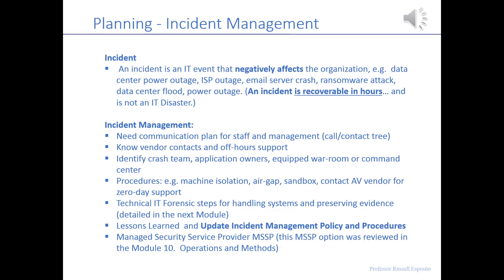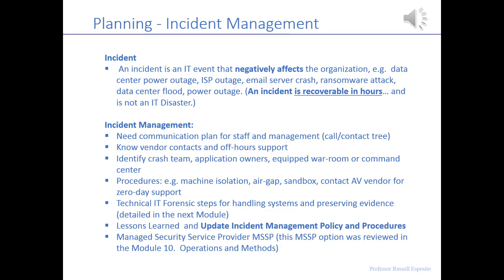So an IT incident needs to be managed. What's the communication plan for the staff and for management? There's a call tree. What kind of outages or incidents need to be reported to the COO or the CFO? You need to have an understanding of what the communication will be like, or if it's a fairly severe outage that lasts the better part of the day, do you need external communication?